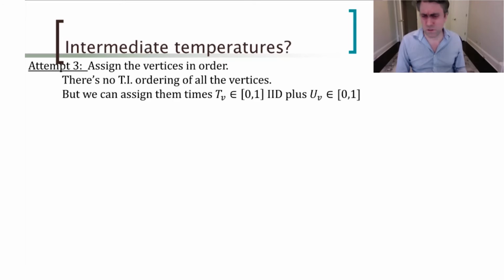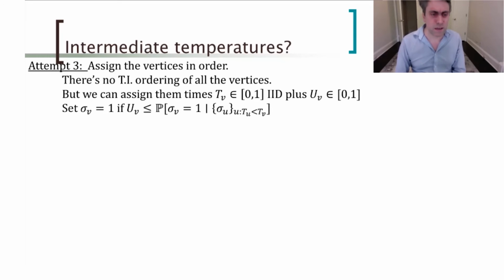What you could do instead is give each of them a time between 0 and 1. This is similar to what Peleg talked about earlier this morning. And also a random variable u_v, which we'll use to decide whether it's plus or minus. So you could say, okay, we'll set sigma_v equals 1 if u_v is less than or equal to the conditional probability that sigma_v equals 1, given the ones you've set before, that is, the sigma_u of the u that have times that happen before t_v.